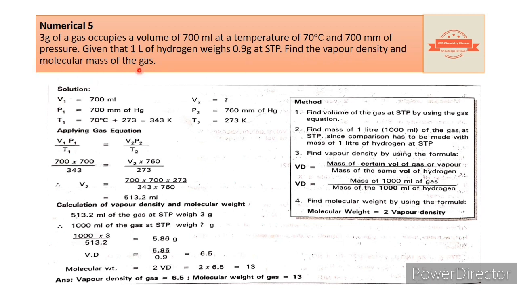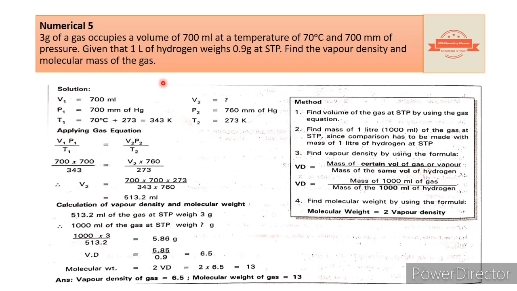Now, in the formula of vapor density, it is the mass of a certain volume of gas divided by the mass of the same volume of hydrogen at the same temperature and pressure.